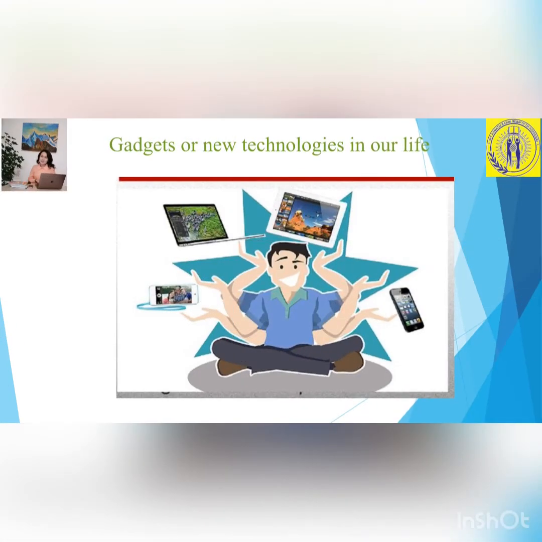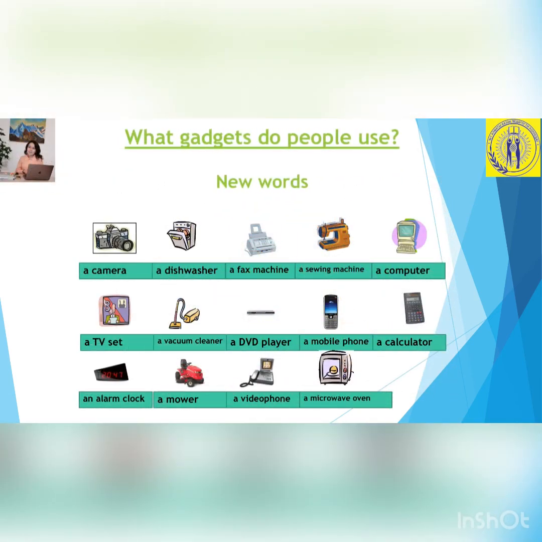Okay, now let's talk about gadgets or new technologies in our life. First of all, let's identify what a gadget is. A gadget is a small mechanical device or an appliance. Okay, now I want to ask, what gadgets do people use? In order to answer this question, we must learn new words.